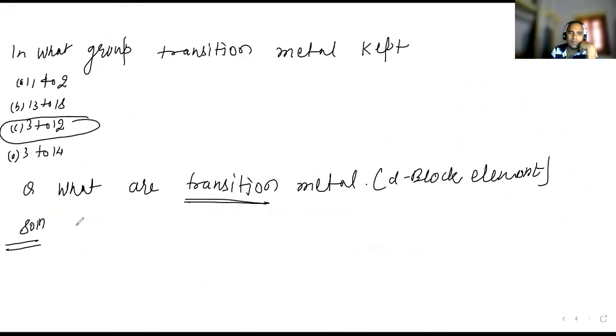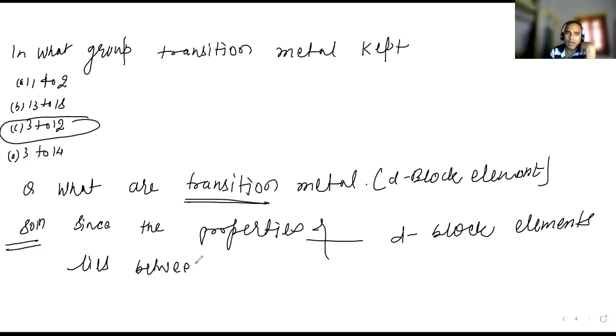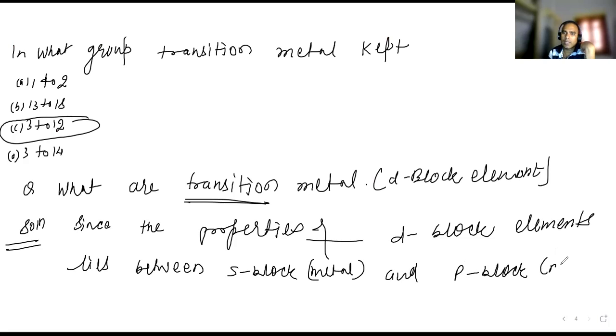Okay, so I'm writing here: the properties of D block elements lie between S block metal and P block non-metal.